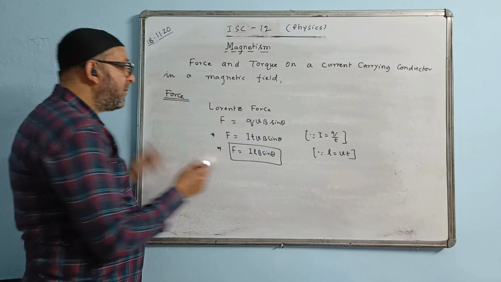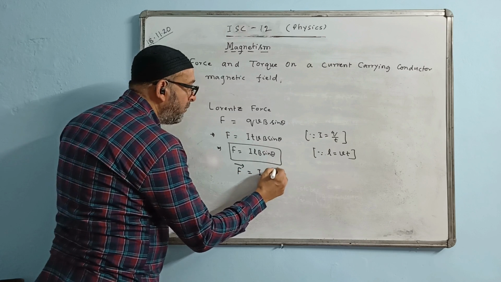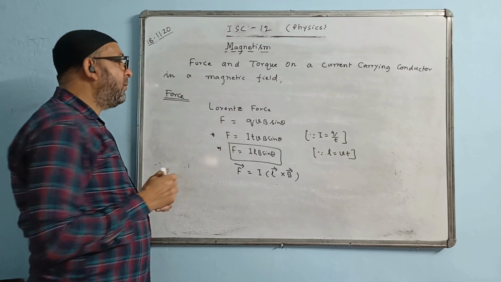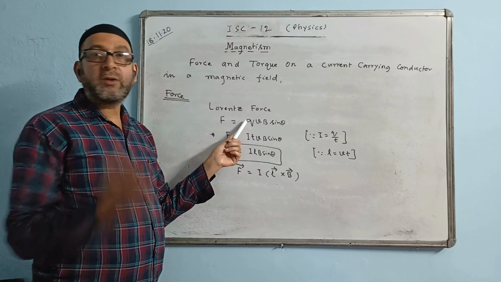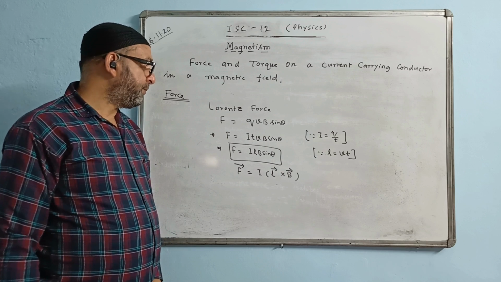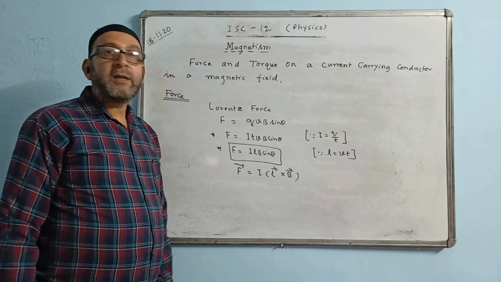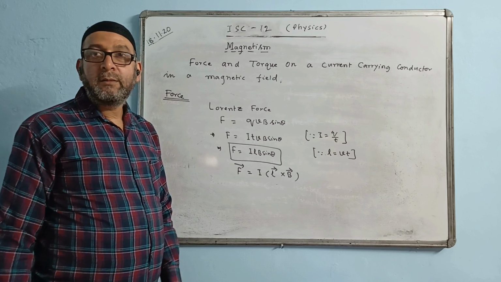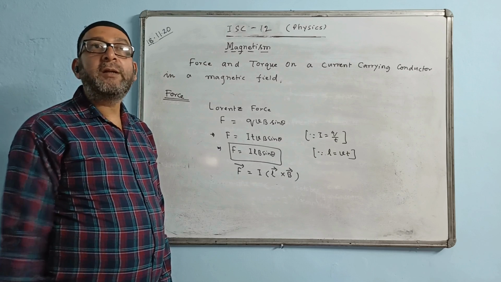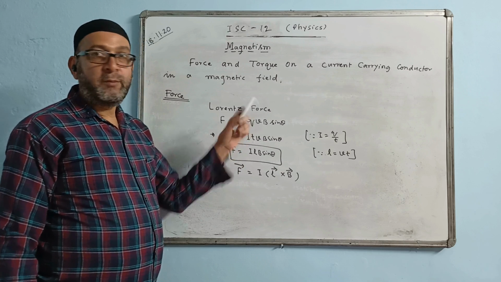This expression in terms of vector we write like this: F equal to I bracket L cross B. For the charge, last time I had written F is equal to q bracket v cross B. If a question comes, a charged particle is moving in a magnetic field region, express the Lorentz force acting on it in terms of vector, you have to write F is equal to q bracket v cross B.